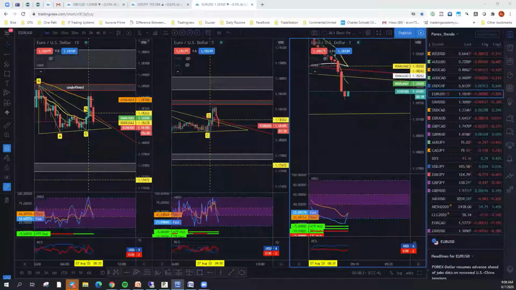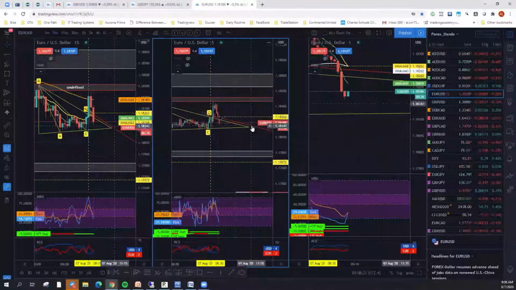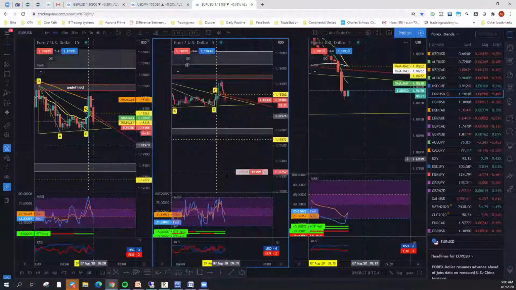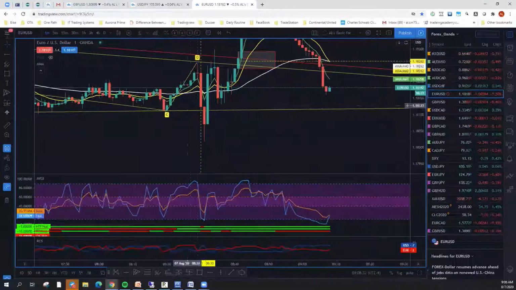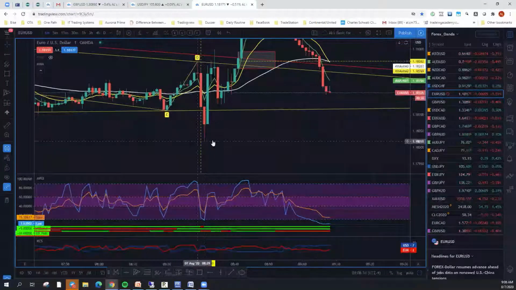So we'll see how this thing plays out here on the bottom. Let's go to our two pip range here. We know that it's got more than that here.